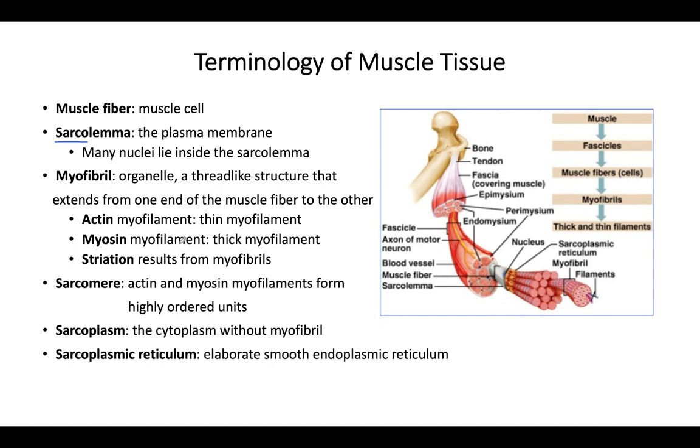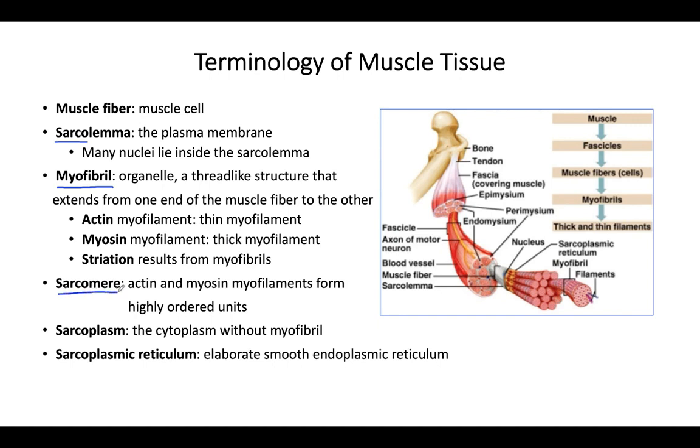Myosin myofilament is called thick myofilament or thick filament. These two kinds of myofilament generate striation. So striation results from myofibril. Myofibril is composed of actin and myosin, so these two proteins are the major players producing striation. Myofibril is an organelle in the muscle fiber, composed of actin and myosin myofilaments.